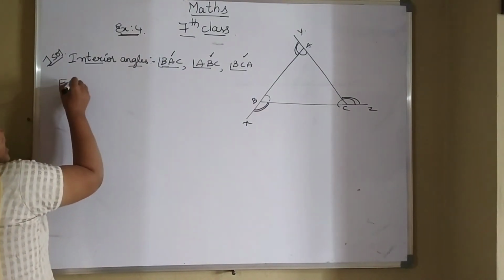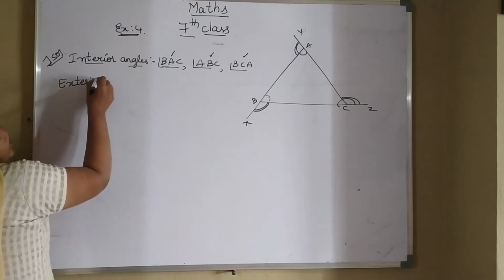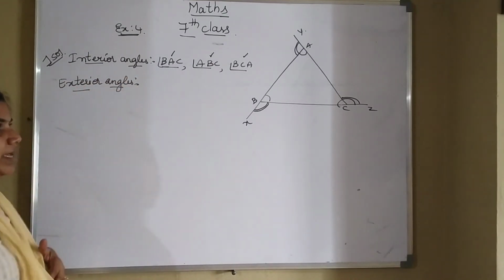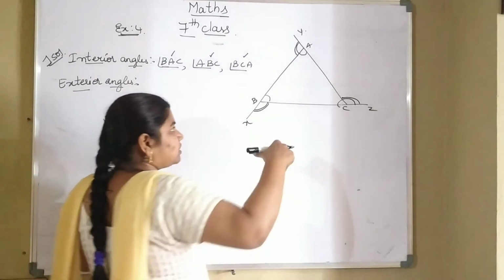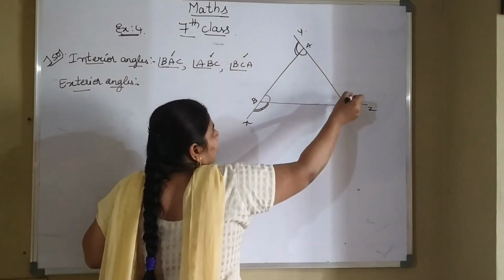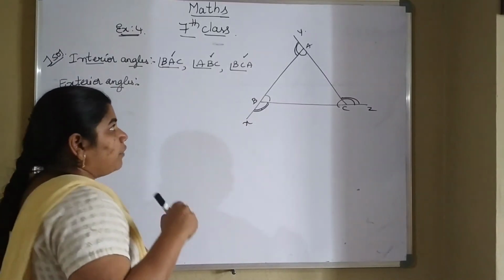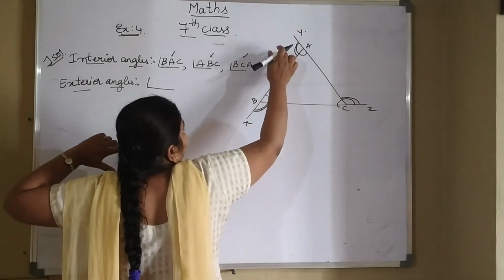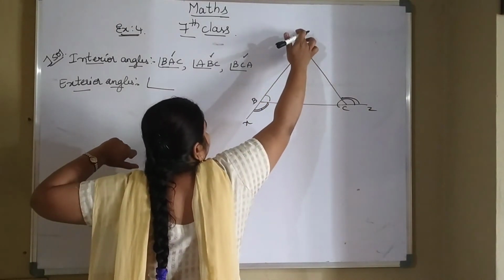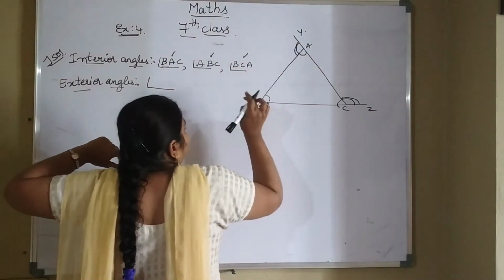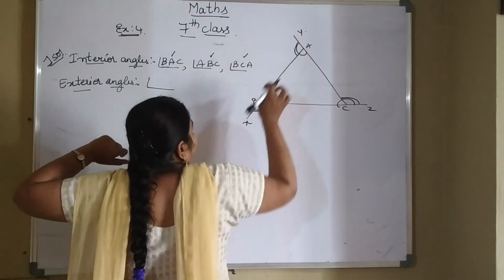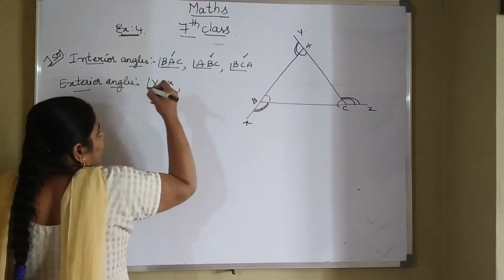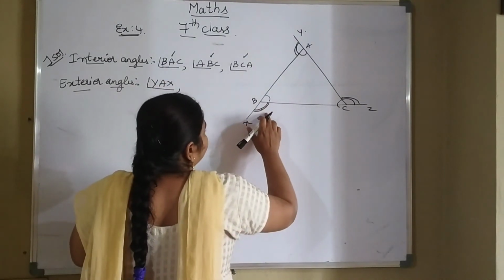Now next is exterior angles. So what are exterior angles? The angles which are lying outside. So this double marking are exterior angles. How will you write this? Again I am writing in 3 alphabets. First is Y. Y, A, X. Next is this angle B. How will you write?